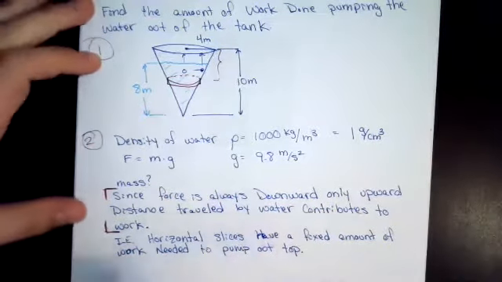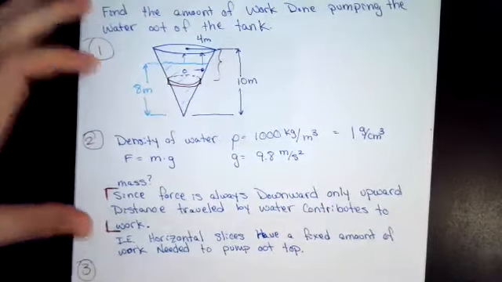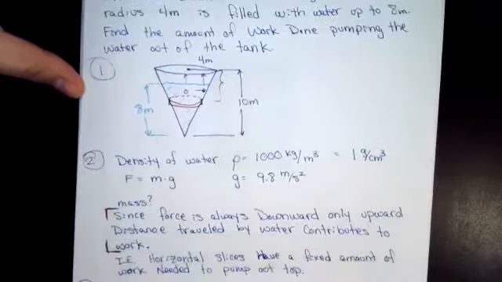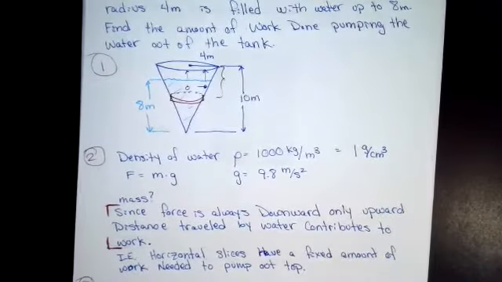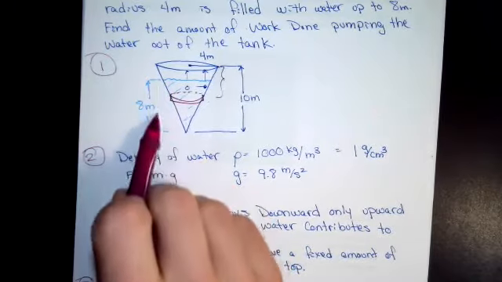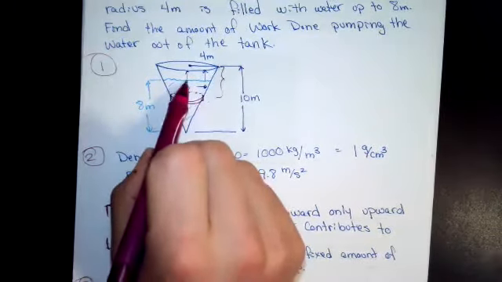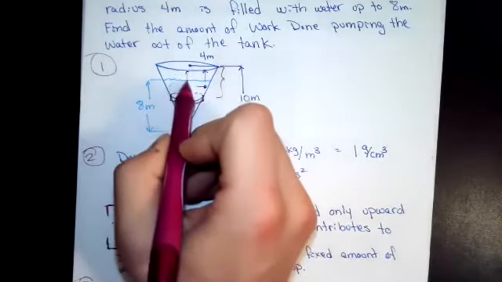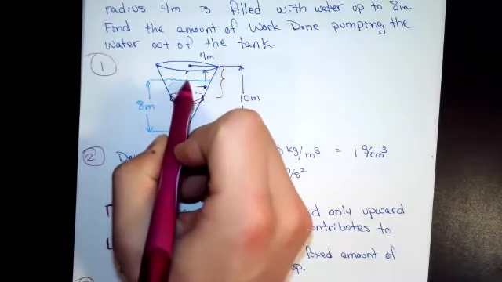So the next step I wrote was to choose a reference point. And this is where our equations can look different depending on where you want to choose the reference point. So any input from you guys? Do you want to choose one yourselves, or do you want me to just talk it out? There are two natural reference points. The water level is changing, so we don't want to choose it at the water level. That would be weird, especially because even at the top of the water level, we have to move it.